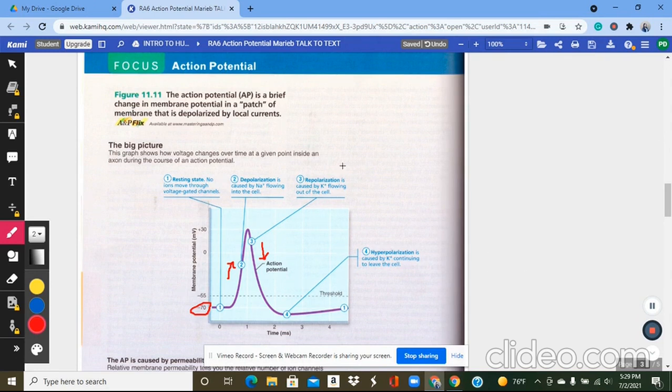So I guess from that statement alone, we can assume that more K plus, or potassium ions, means the action potential decreases.